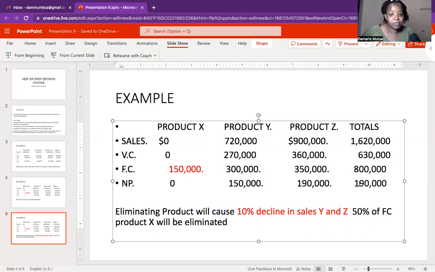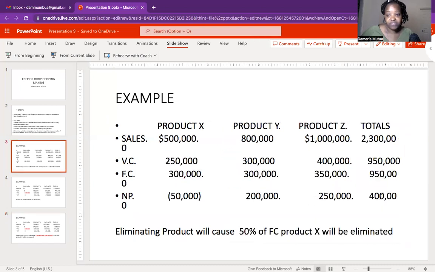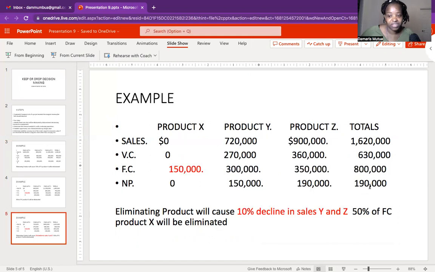So by eliminating product X, where there is a 10% decline in sales for product Y and Z, and 50% of the fixed cost for product X are eliminated, the total profit that the organization is gonna achieve is 190,000. So as an organization, before, when we were selling all the products, we were making 400,000. Now we are making 190 by eliminating product X.